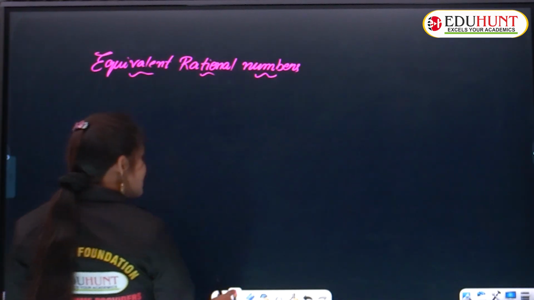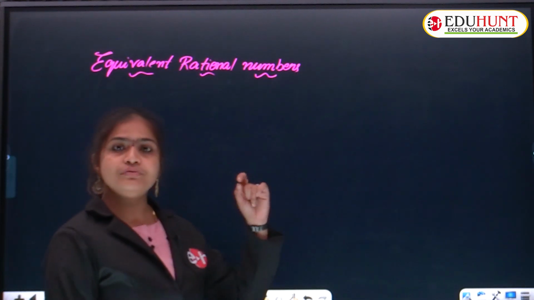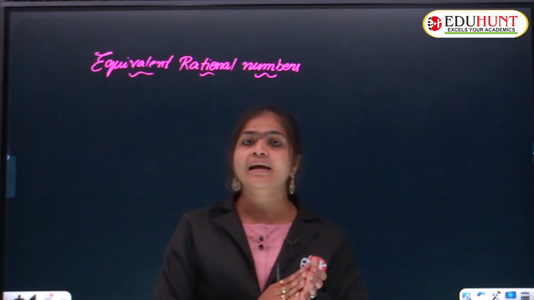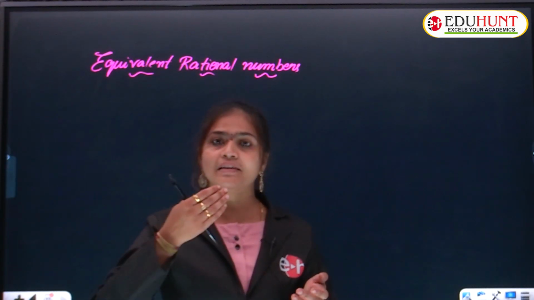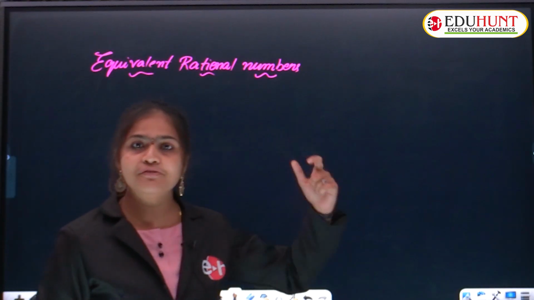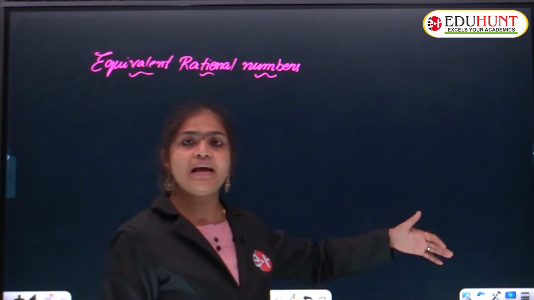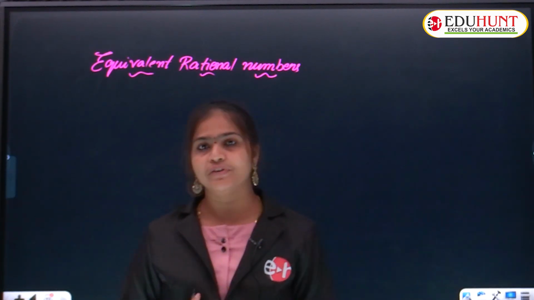Equivalent rational numbers means equivalent fractions, which I told you: the value of the fraction we take after cancellation, after taking the simplest form, should equal the given fraction. Then we can say that the fraction we took is the equivalent fraction of the given fraction.